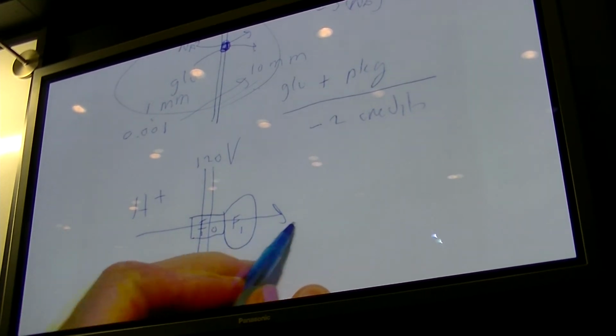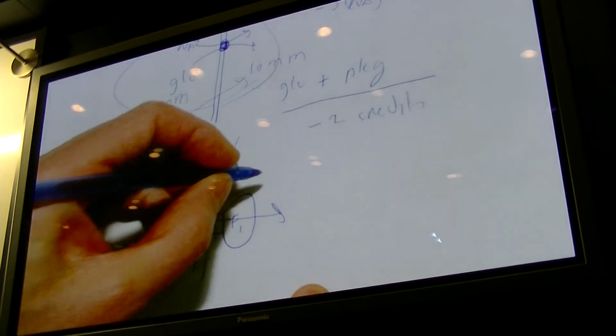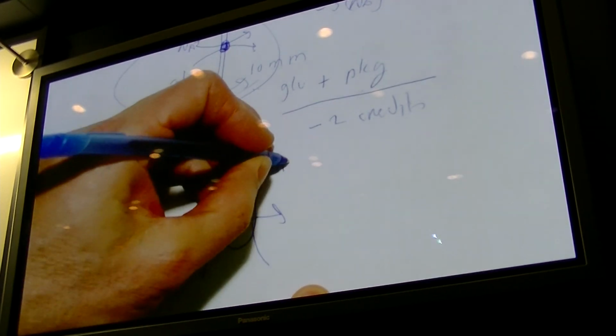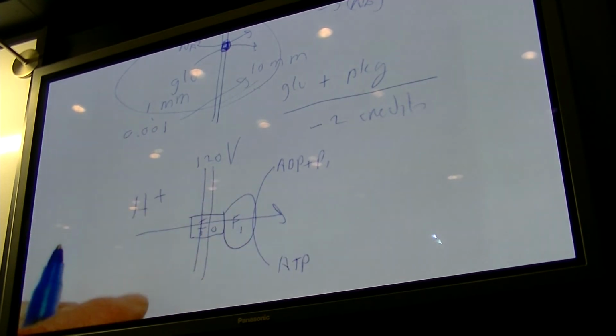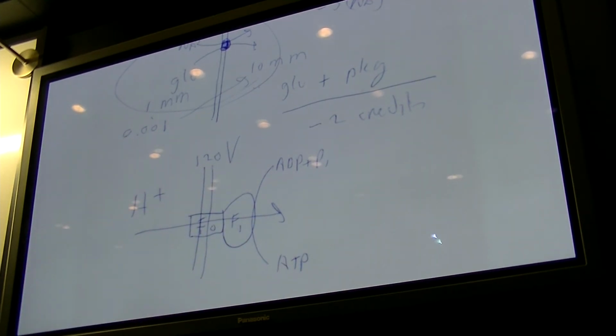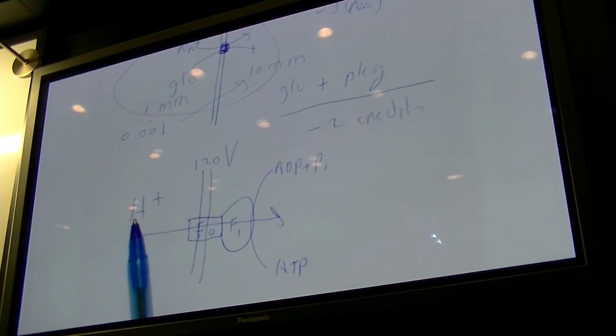So as those protons move in this direction, it's possible for ADP and Pi to react to form ATP, which is a steep uphill reaction.